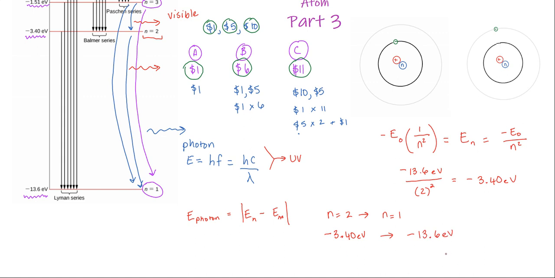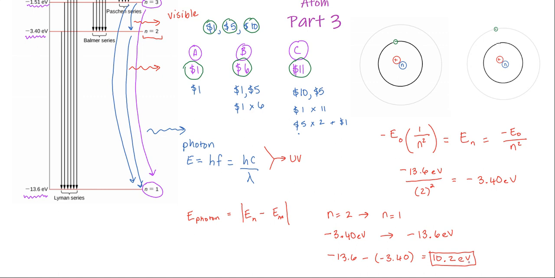So what I'm going to do is find the difference between the two. I'm going to say negative 13.6 minus negative 3.4, and I will get negative 10.2 electron volts. But the amount of energy that is being emitted is 10.2 electron volts.